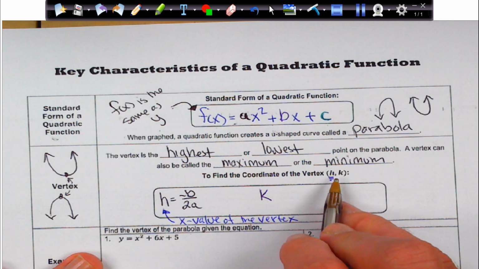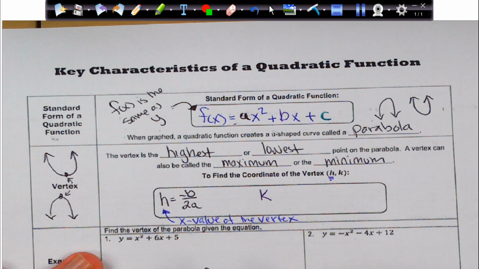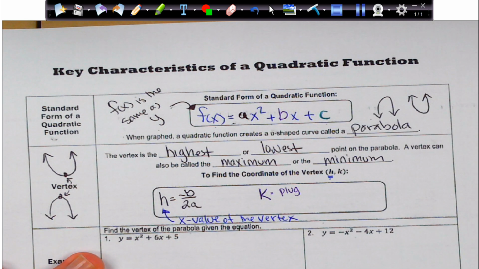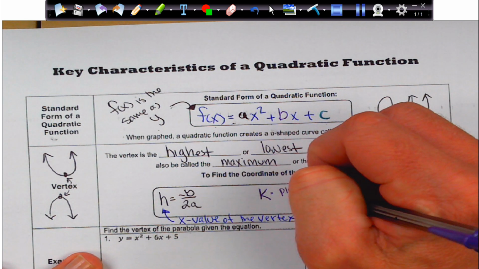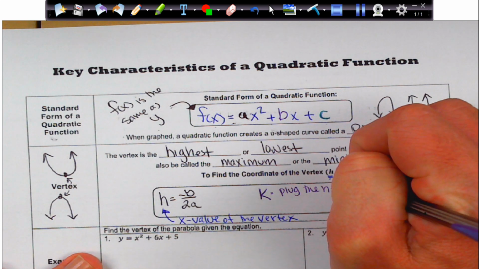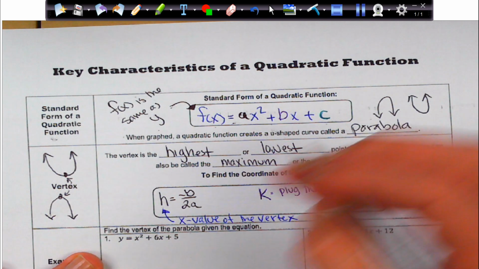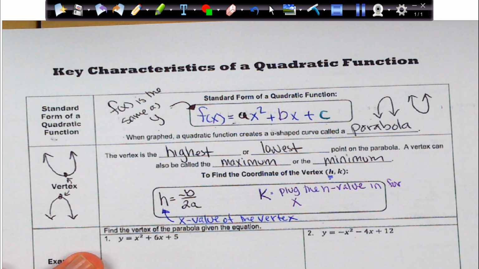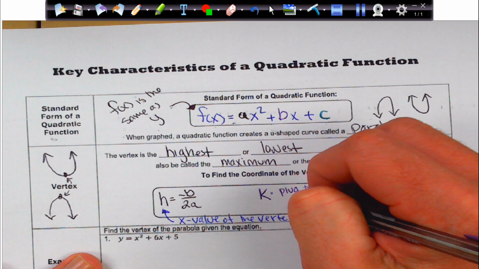And then to get the k value, which is the y value of the vertex, we're going to plug the h value in for x into the original equation.